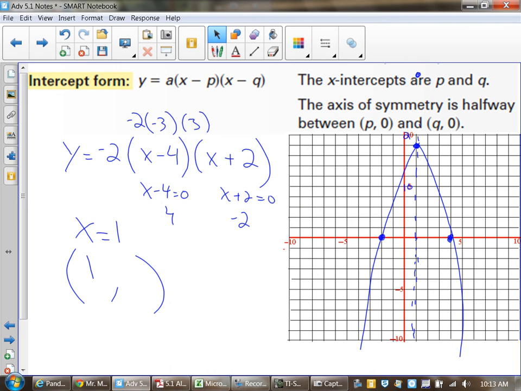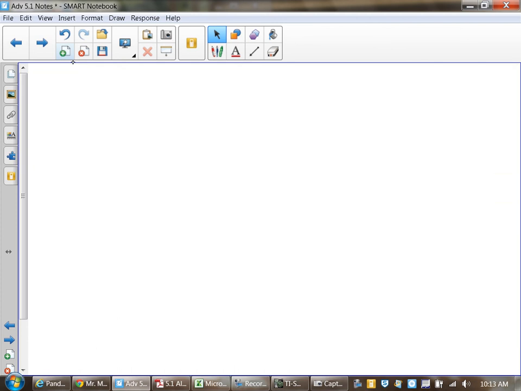What I want you guys to be able to do with these problems is, I'm going to give you 6 graphs, 2 of each type. The 6 graphs for tonight, I want you to identify your axis of symmetry, the vertex.